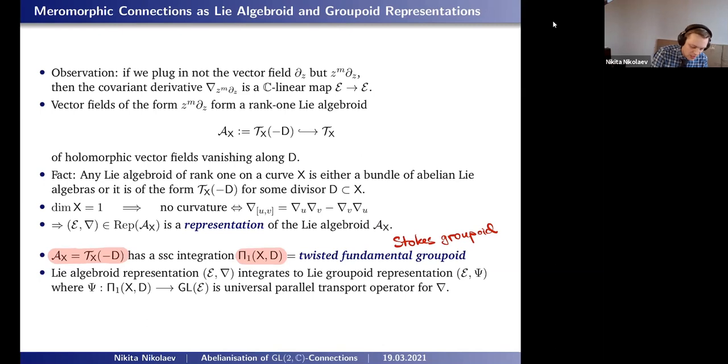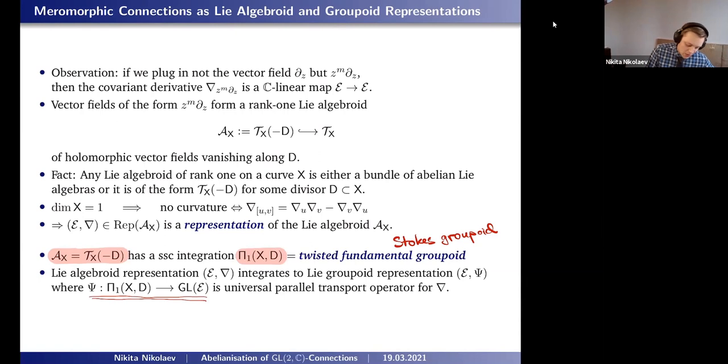But anyway, as usual, this Lie groupoid representation is a Lie groupoid homomorphism from this twisted fundamental groupoid into the gauge groupoid of my vector bundle E. It's a kind of universal parallel transport for my meromorphic connection.